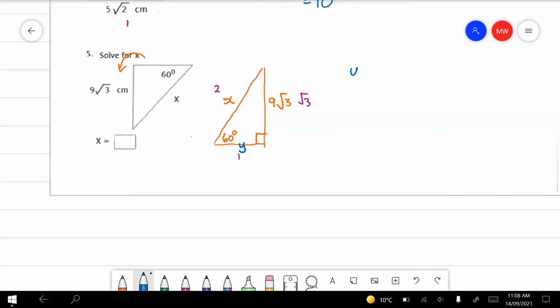So y will be 9 root 3 divided by root 3, because y is root 3 times smaller than that side. And so these cancel each other out, and I'm left with the answer y is 9. Now that I've got 9, it's easy to work out x, because x is twice as big as 9, which is 18. So the answer is 18 centimeters.